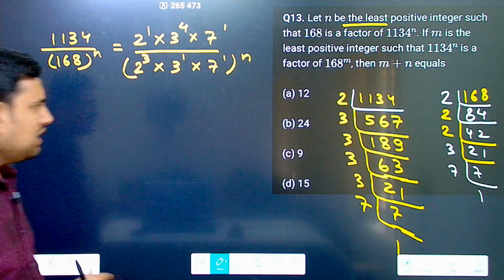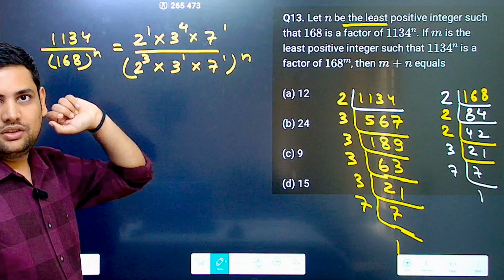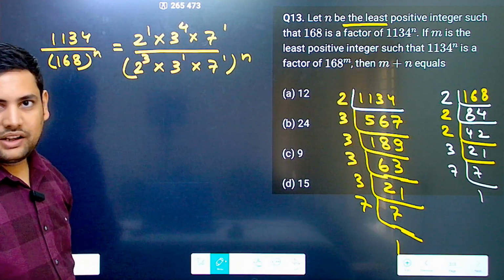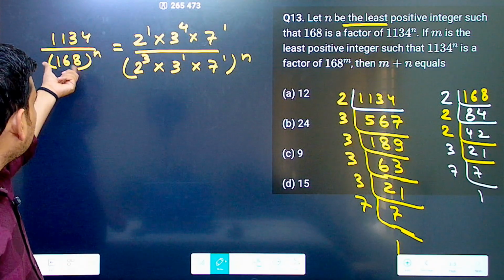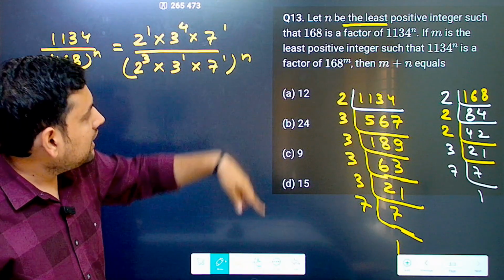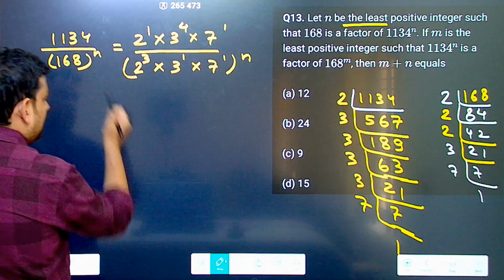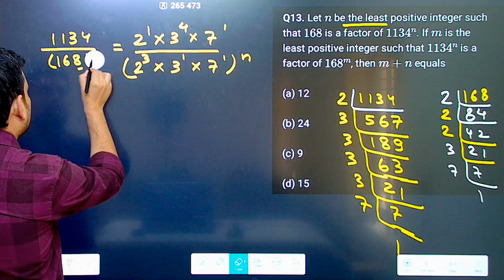Now what is the smallest value of n? So all of these must be covered, correct? Then only it can divide it. So basically what I want is, what is the least integer n such that 168 is a factor of this. Sorry, n is actually not here.